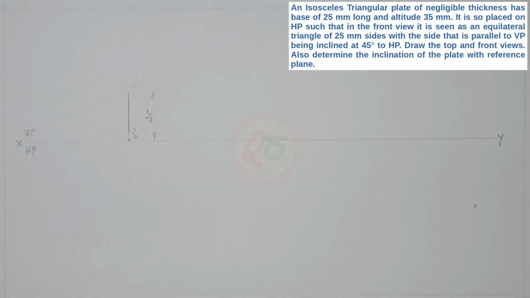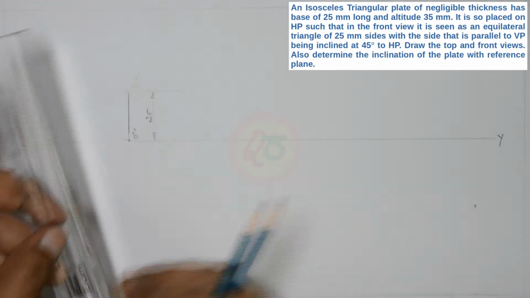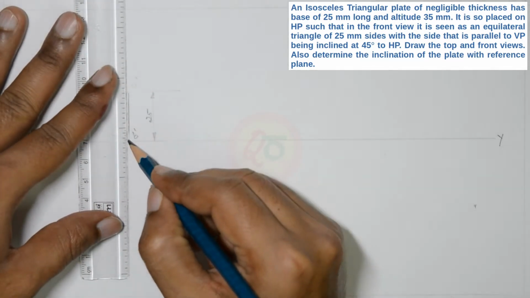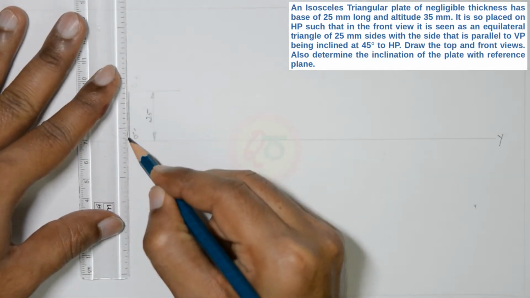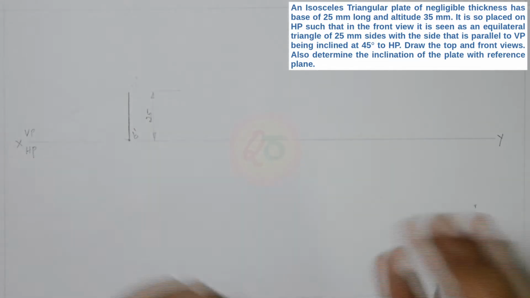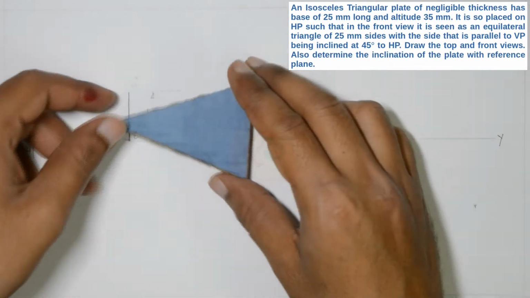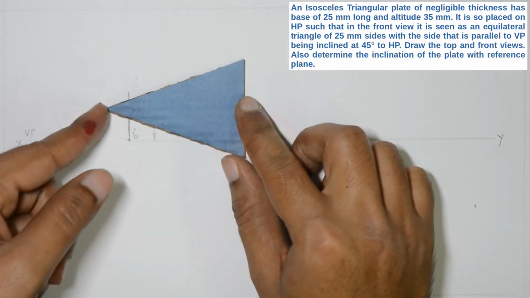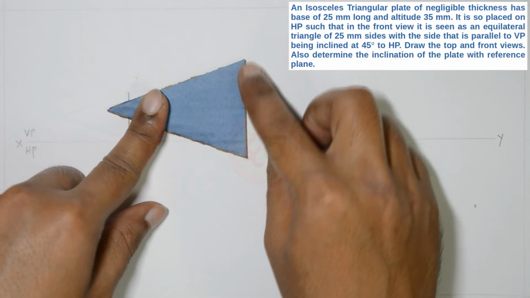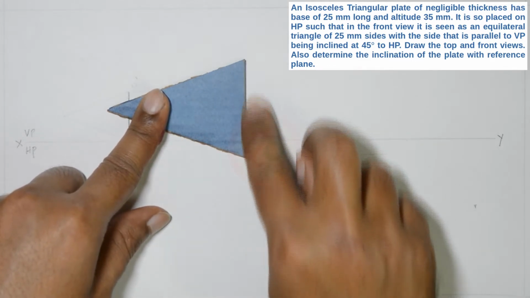Okay, so we'll draw an isosceles triangle. I've already marked the base, which is of 25 mm. In order to look like an equilateral triangle of 25 mm side, the base is 25 mm.